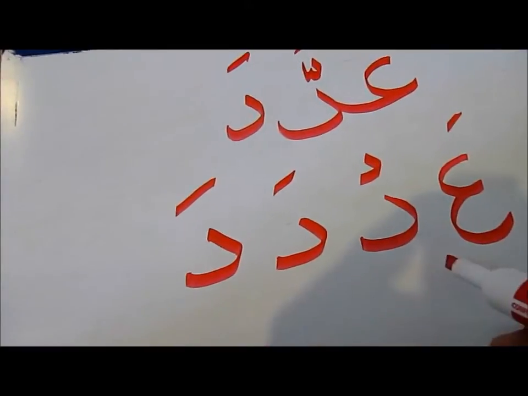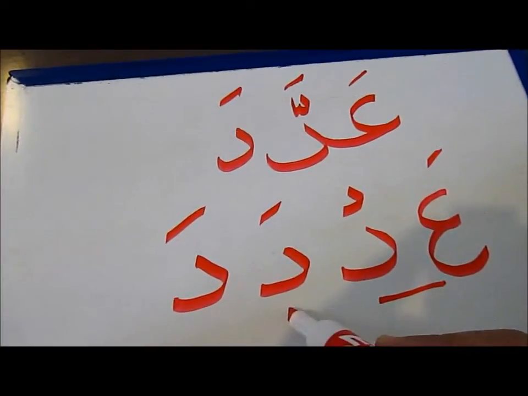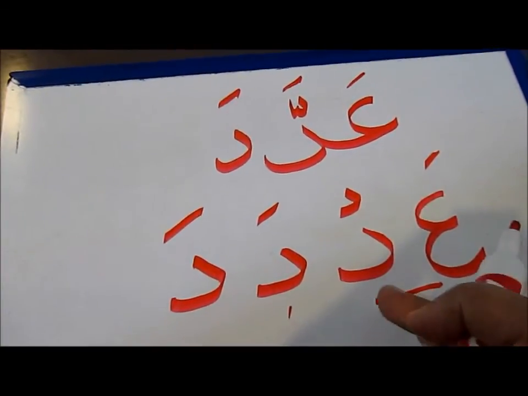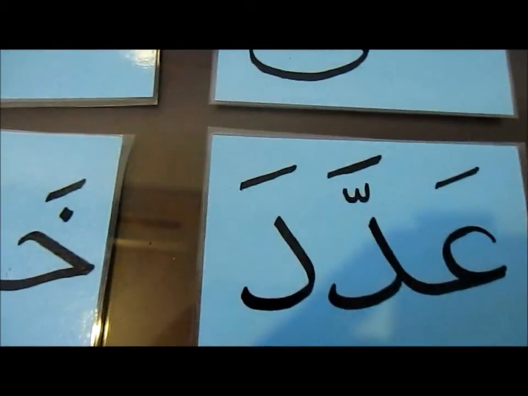So you have dadda, but because they know about qalqalah, they'll be saying adda, dadda. But when you join them, when the twins join up, you do not say the qalqalah sound, so it goes dadda. So you do the same with all of the other letters.